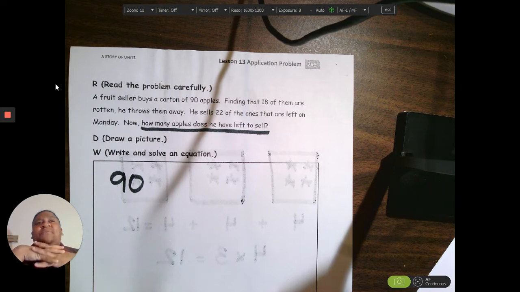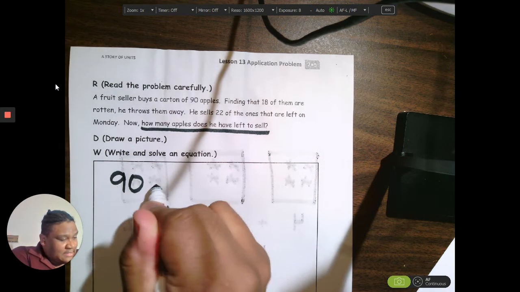So if I am going to throw something away, am I going to add to my 90 or take from my 90? I am going to take from my 90.